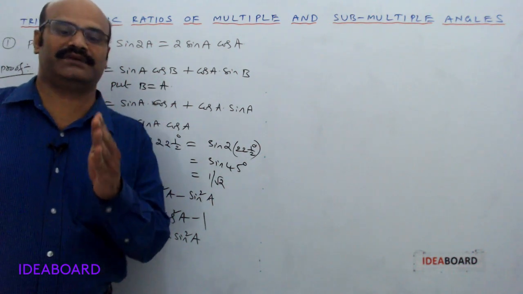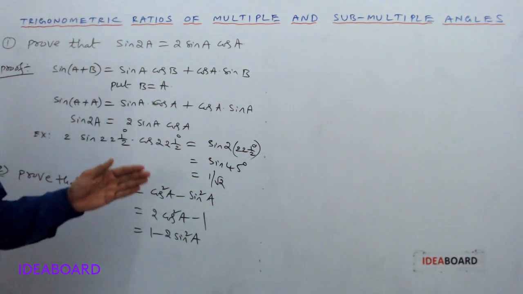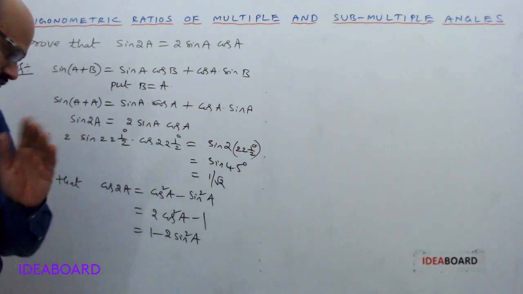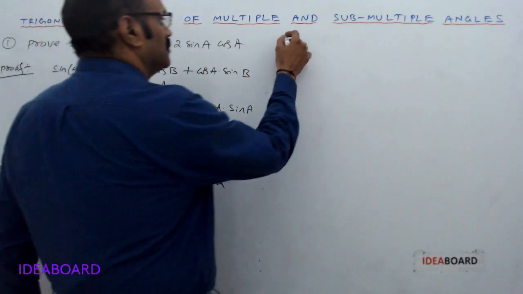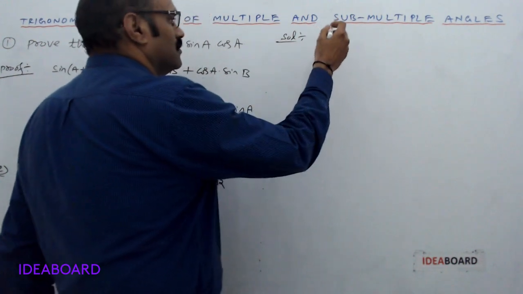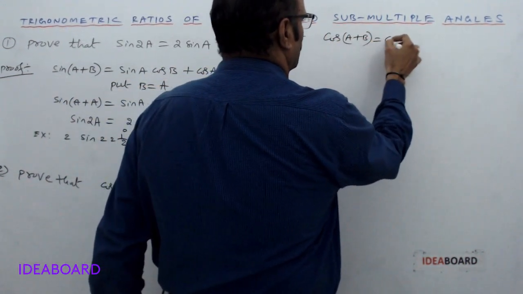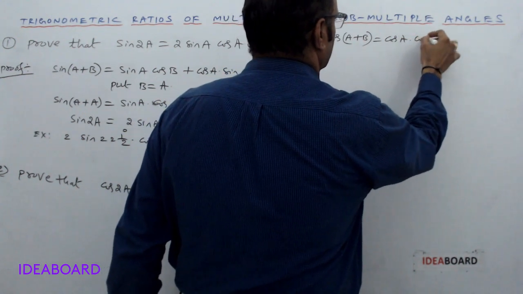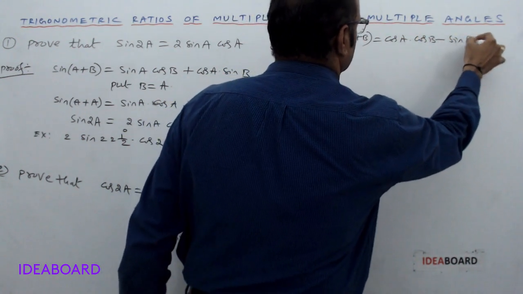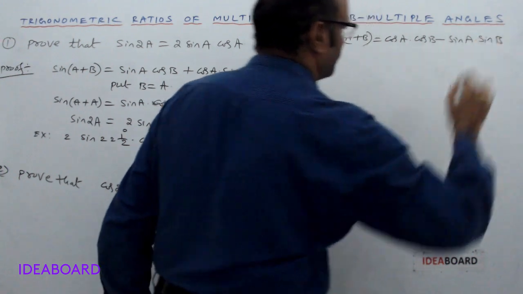Cos of A plus B equal to cos A into cos B minus sin A into sin B.